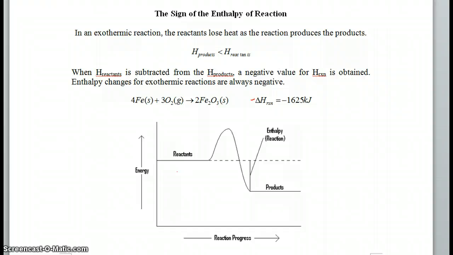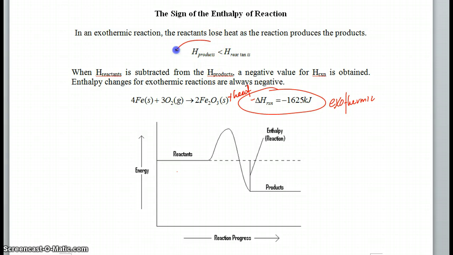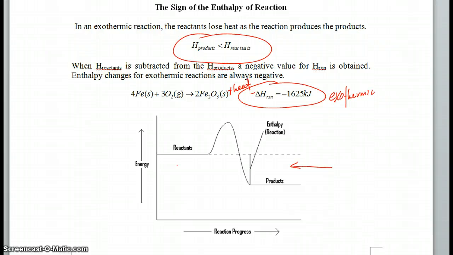So if our delta H is negative, that means we have an exothermic reaction. You should remember this from Le Chatelier's principle stuff. That means that heat is leaving the system, so it's a product. That also must mean that the enthalpy of the products is less than that of the reactants, as you can see in this graph here, because if you're subtracting them, that would give you a negative value.